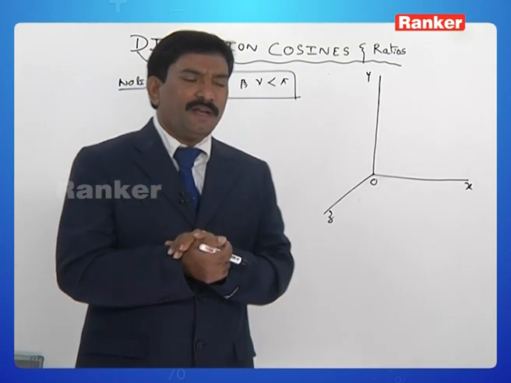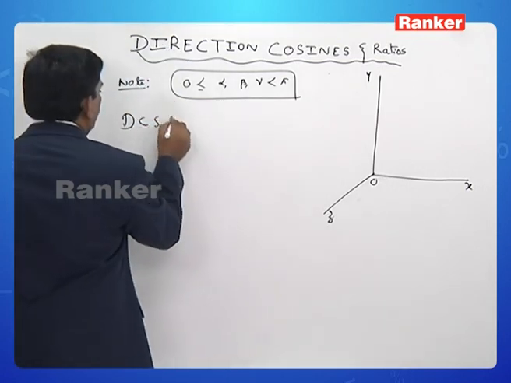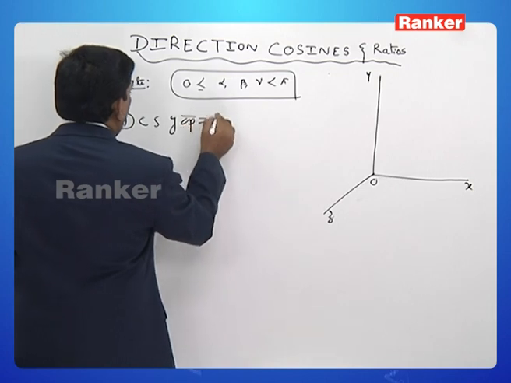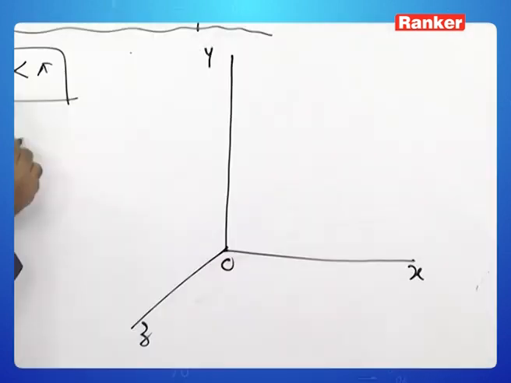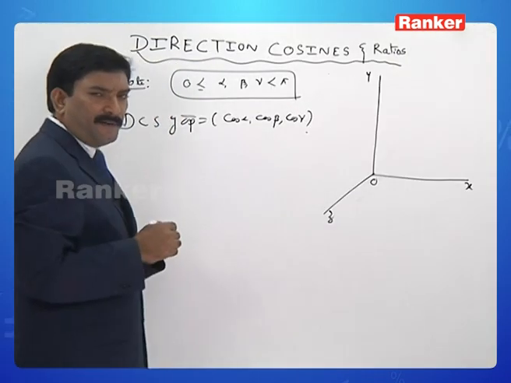I can write the DCs of OP bar as cos alpha, cos beta, cos gamma.